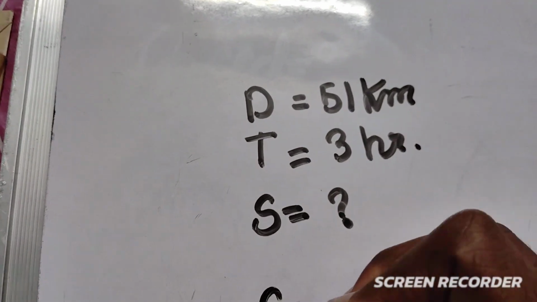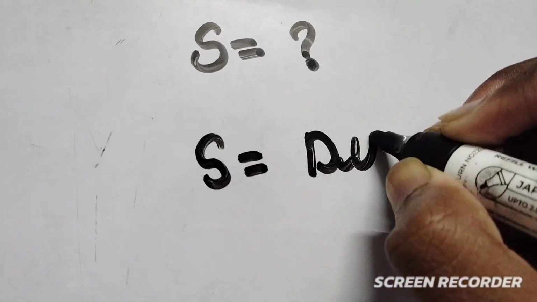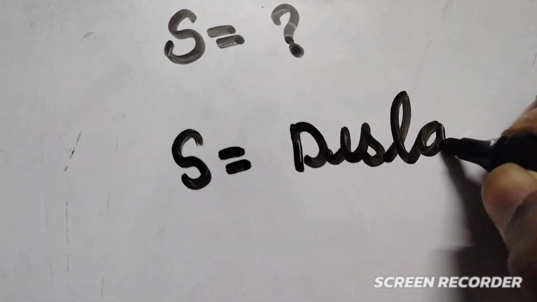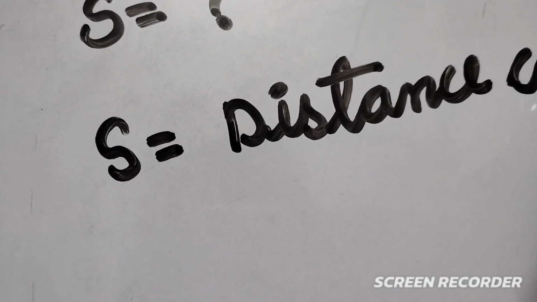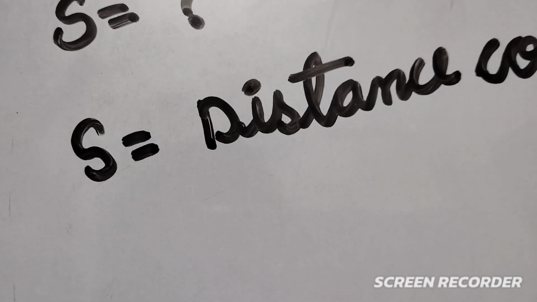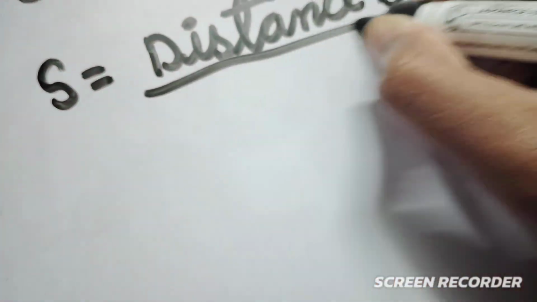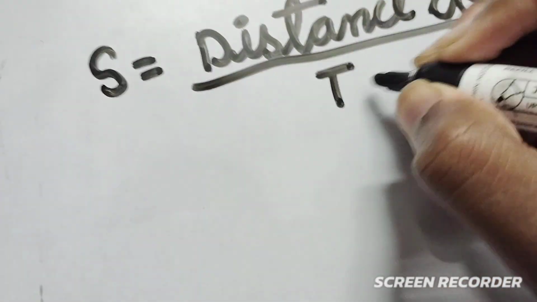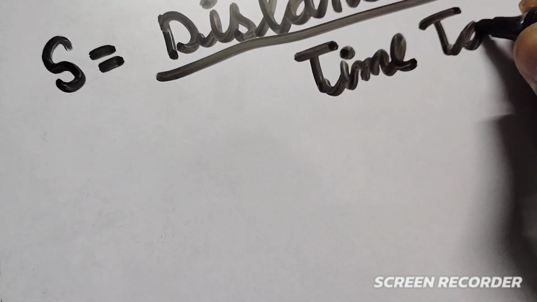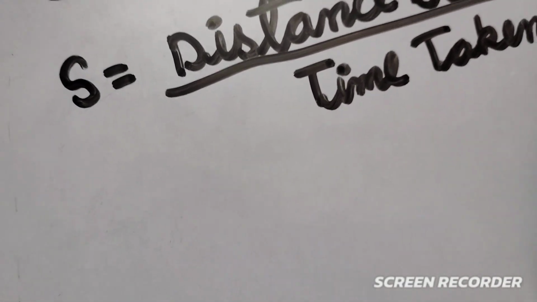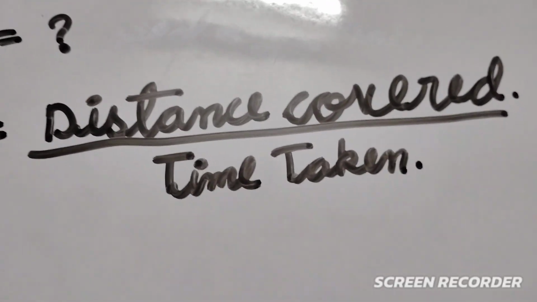So speed equals distance covered upon time taken. We have to write these formulas so that we do not forget them.